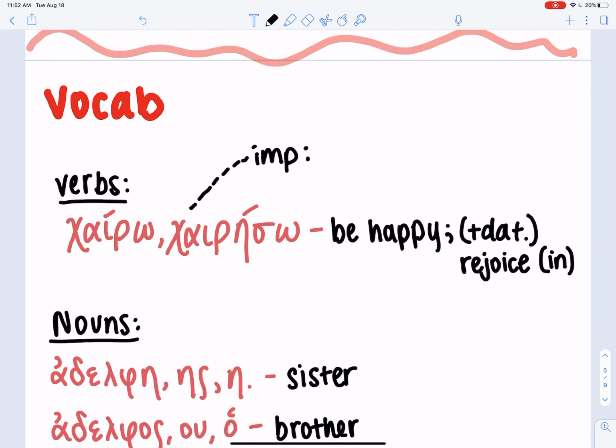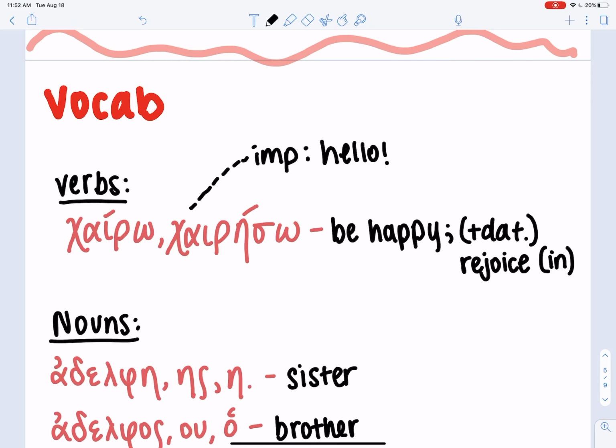chairo can mean hello. Just like salvete or salve in Latin, where technically it wouldn't necessarily mean hello in any other form, but because we're using chaire or chairete, that is an imperative form, and so we can use the hello definition for chairo, rather than be happy or rejoice in or take delight in.